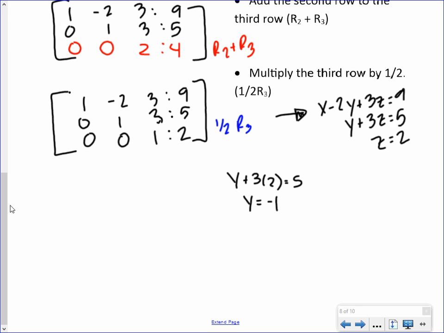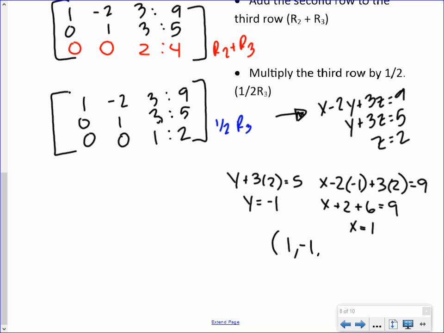And then you have y is -1, z is 2. Plug it into the first equation. This will be x plus 2 plus 6 equals 9. So that will be x equals 1. And you have your ordered triple.